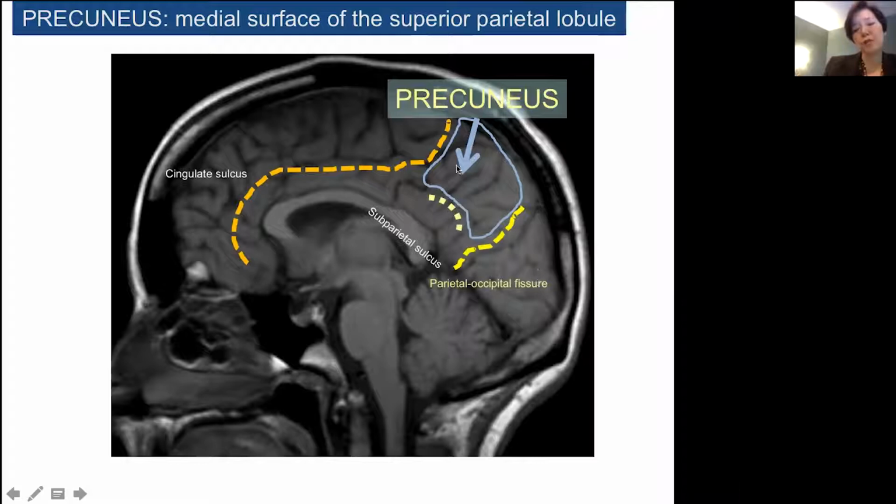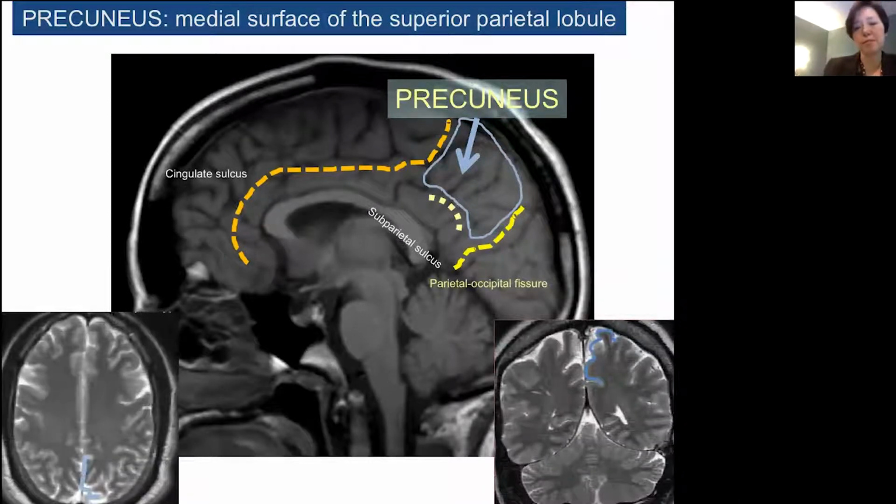If this pathway is affected, these are the patients who have a problem knowing where they are, right? So that's why the precuneus can be very important for the neurocognitive function of the patient. You can see it in axial right here and in coronal right here.